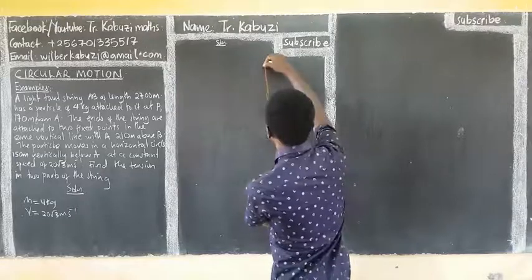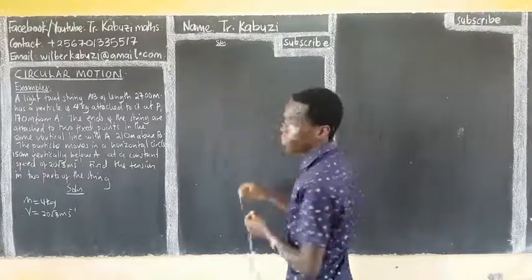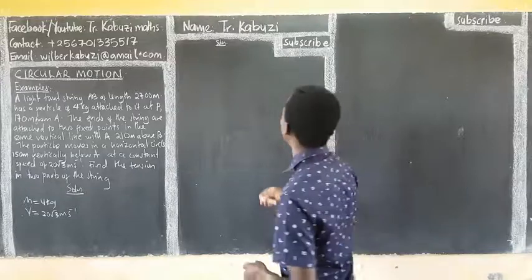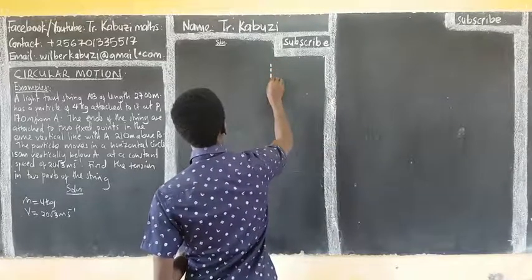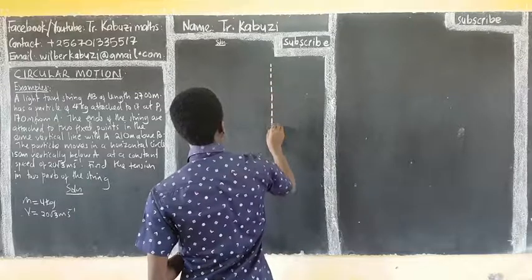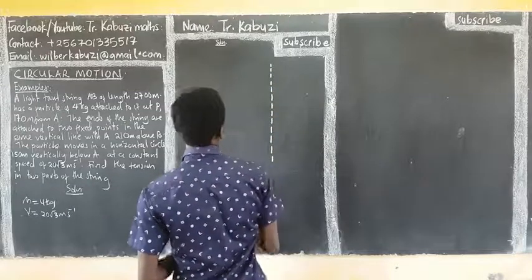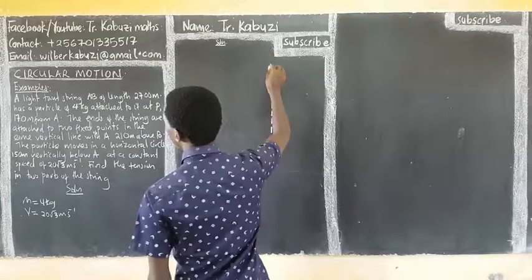So when they are here, the particle is going to be pulling it towards the side as it's moving. So two ends are attached, one vertically above the other.